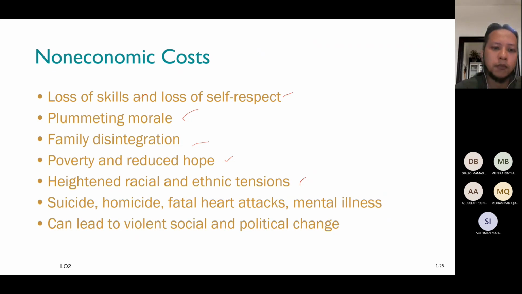There will be cases of suicide, homicide, mental illness, and I think in Malaysia we had quite a number of these cases, especially during the lockdown, and it can also lead to violent social and political change as well. Okay. Yeah, so these are basically the effects of unemployment.